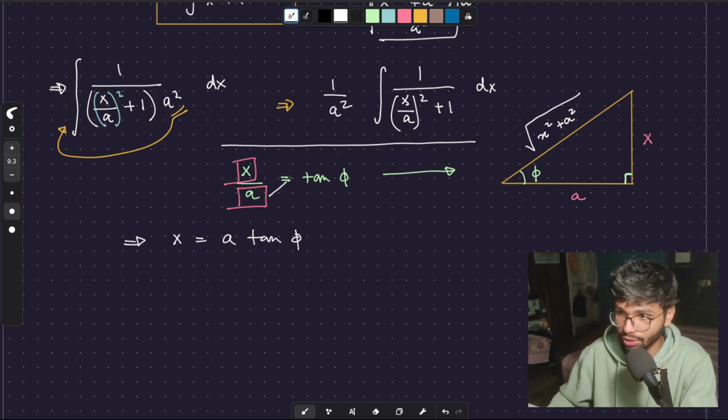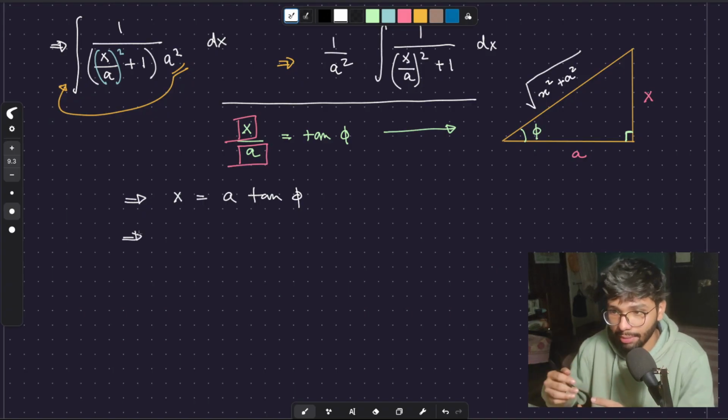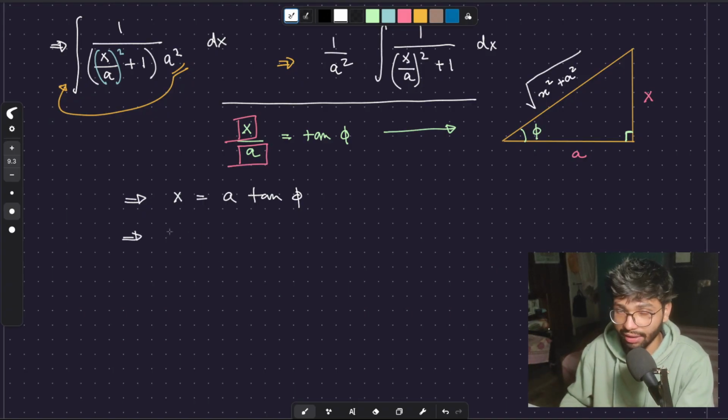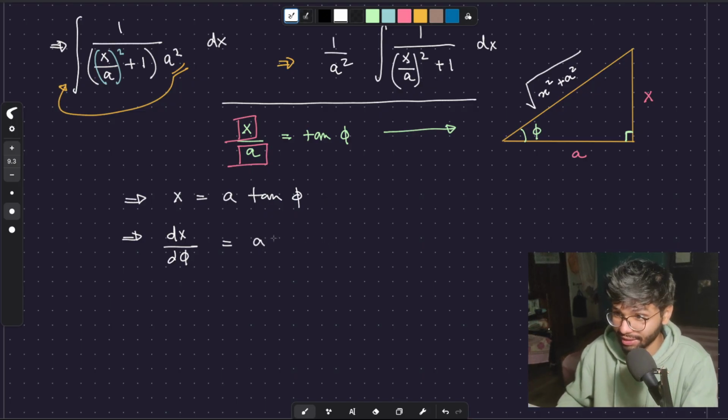Absolutely true, correct. We just cross multiply this thing here. And why don't we differentiate both sides with respect to phi? So dx d phi will get the constant back, and that's how the differentiation rules work. You gotta be able to differentiate things, both in life and in maths.